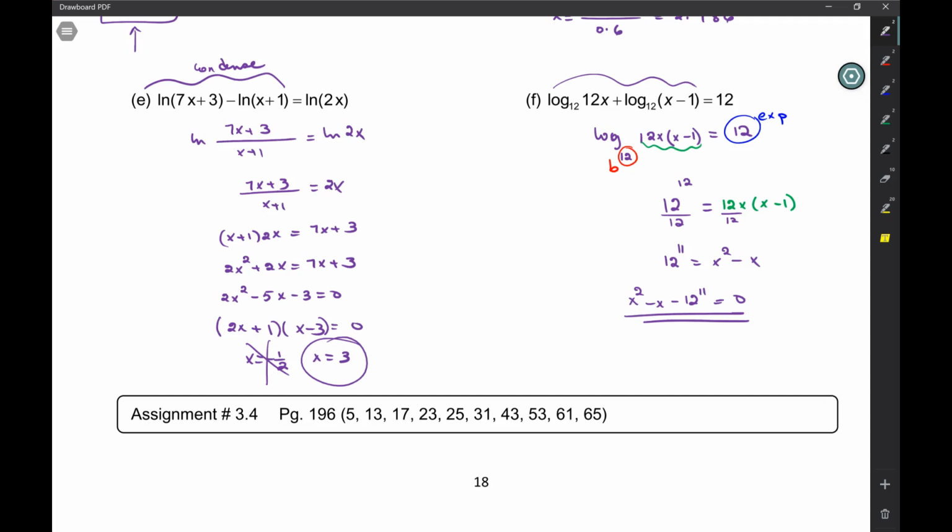Why is it going to 12 to 11? The 12 to the power of 12 divided by 12 to the power of 1, right? Same base, subtract exponents. Yeah, this one, we're not going to factor.